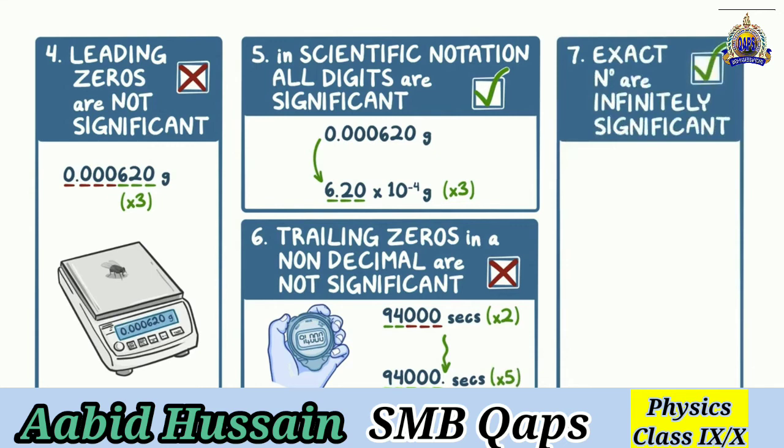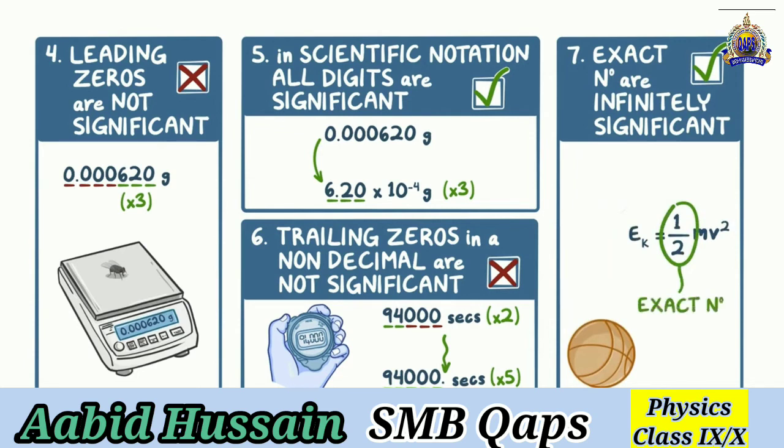Now come to rule number 7, which is that exact numbers are infinitely significant. It means, for example, if we have kinetic energy with the value 1 upon 2, it is an exact number.